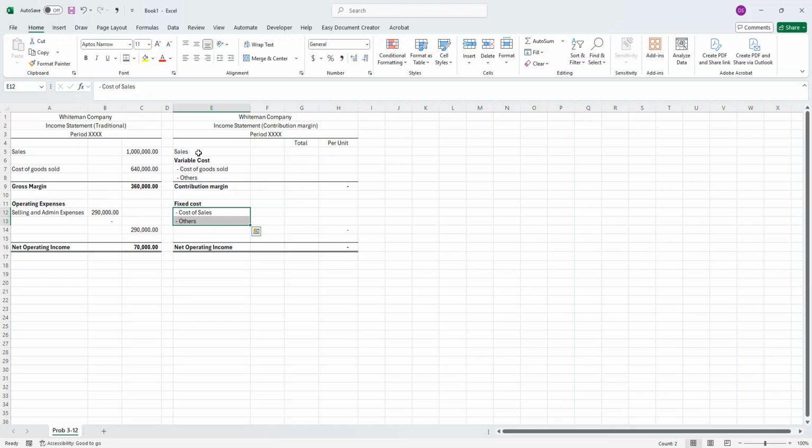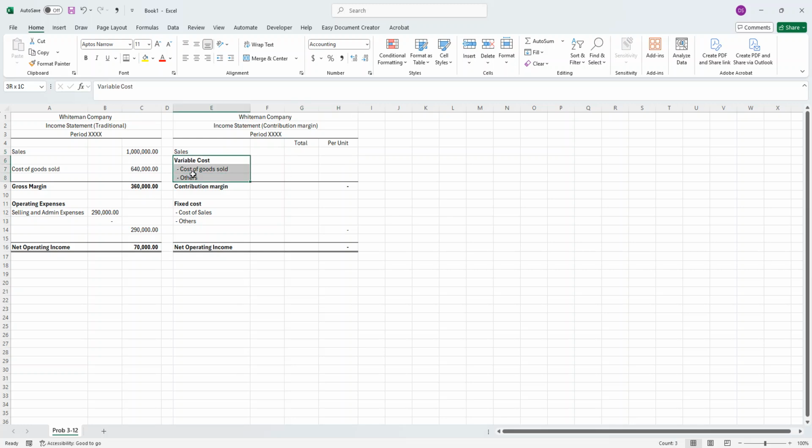If we think about the format of the income statement for contribution margin, we start with the sales. That's your first line item, the total. You put the total amount, and you're given how many units were sold for that month, and that will help you understand the sale price per unit.